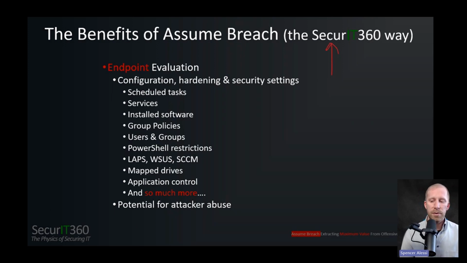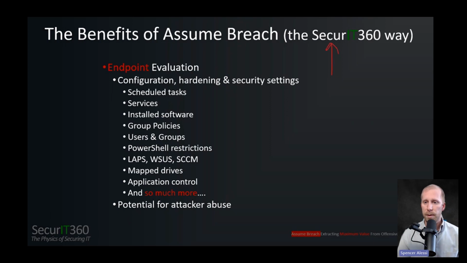So the very first distinction about how we like to do assume breach pen testing is looking at the endpoint, looking at how well it's configured, how well it's hardened, and looking at the security settings. So I look at scheduled tasks. A lot of scheduled tasks are misconfigured such that you can add yourself or modify a folder where that scheduled task is being run, and then you can potentially elevate your privileges.